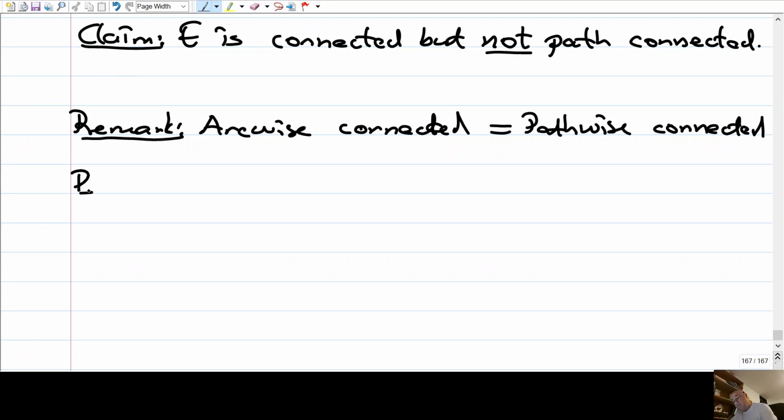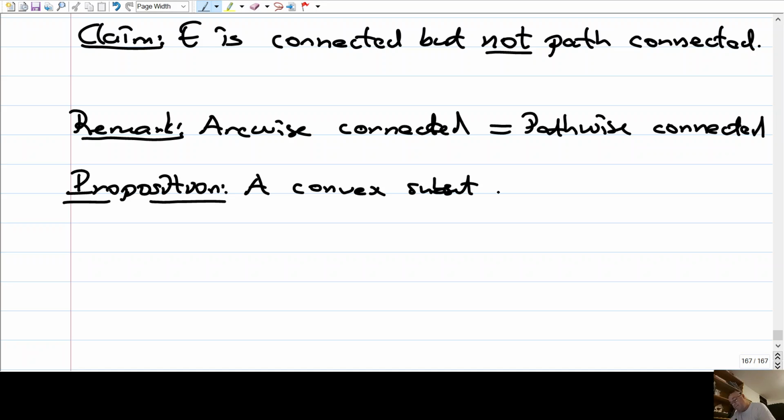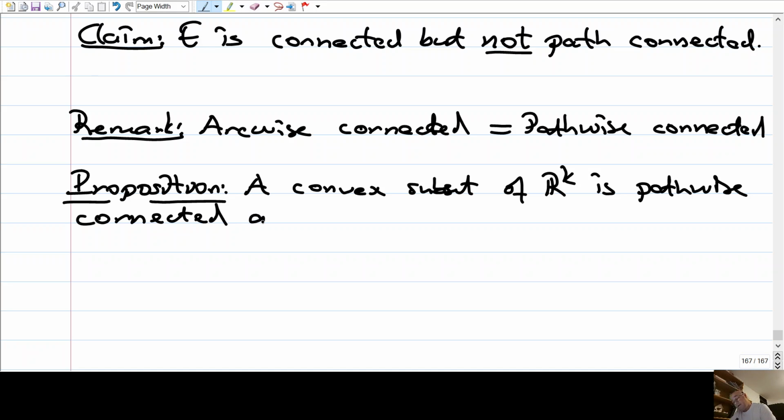Now let's see some examples of connected subsets. Sorry, path connected subsets. One of them is this. A convex subset of Rk is arcwise or pathwise connected, and thus it is connected.